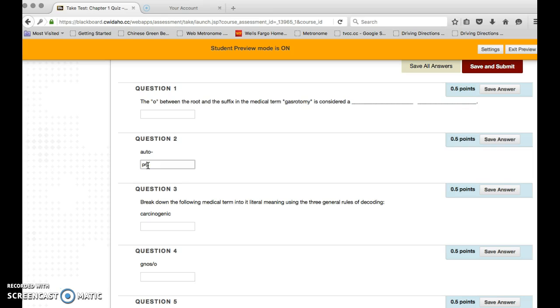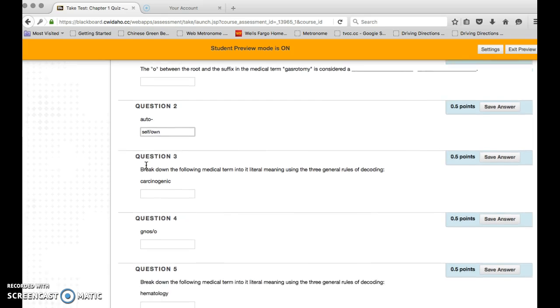But what I'm actually looking for when I write a term with a dash either after it or before it: if it's after it, it's a prefix. If the dash is before it, it's a suffix, just like in your book. What I'm asking for is the definition of what auto means, and that would be self, own, okay? Any of those would be the correct answer.